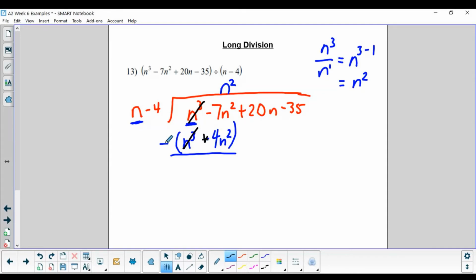So -7 plus 4n squared, that's -3n squared. And then bring down the plus 20n. And I'm just going to erase this because this is a subtraction sign. So this process is going to repeat itself until we get no more n's left here.